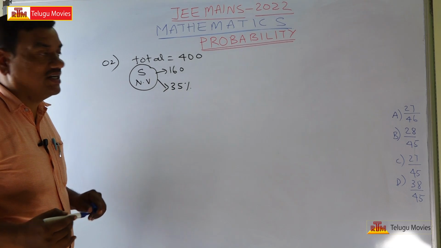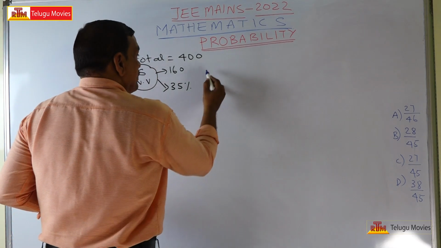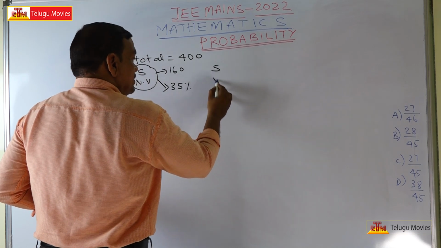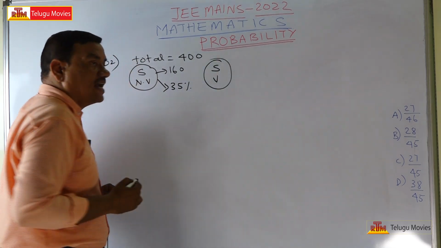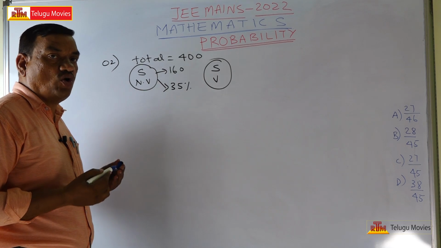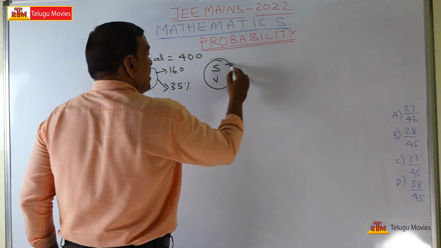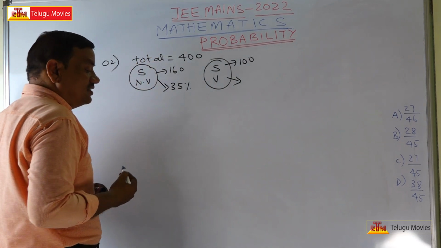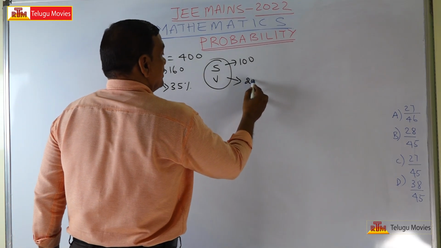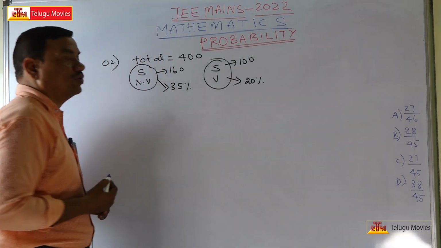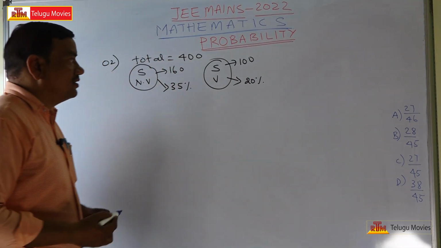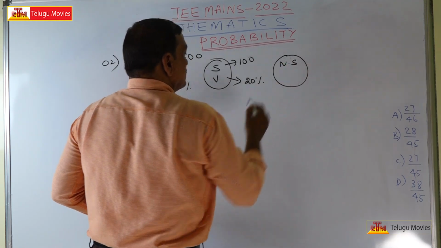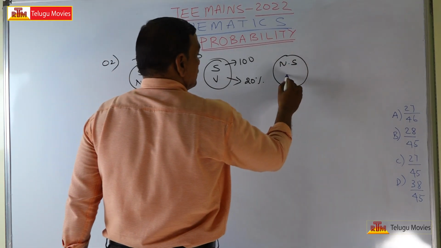Next, smokers and vegetarians. They smoke but they are vegetarians. They are 100 in number and their chance of getting a chest disorder is 20%. And the third group are very good persons, non-smokers and vegetarians.